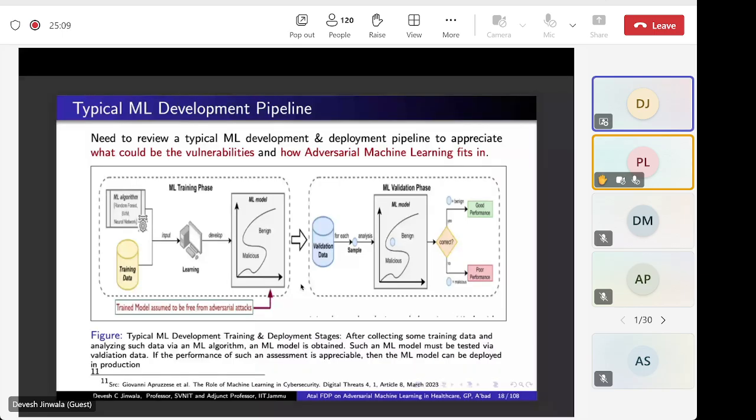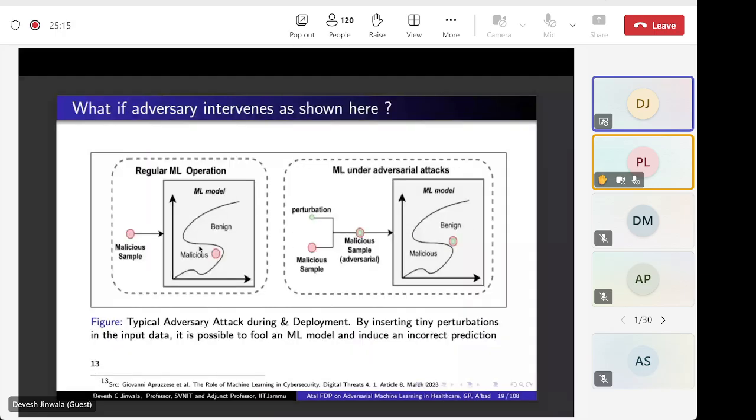So it says that during normal regular ML operation, we would be able to classify a sample as malicious. If I am given a malicious sample, my model has been developed in such a way that it would be able to classify an incoming sample as either benign or malicious and identify a malicious sample properly. In the actual case, the ML system itself would have been attacked by the adversary.